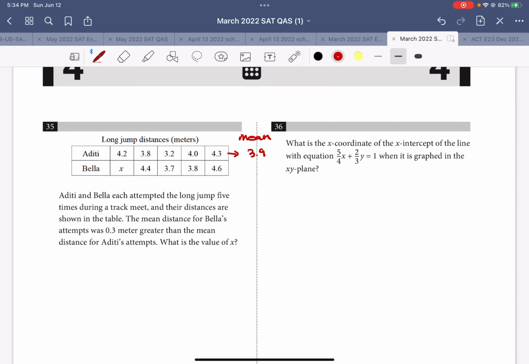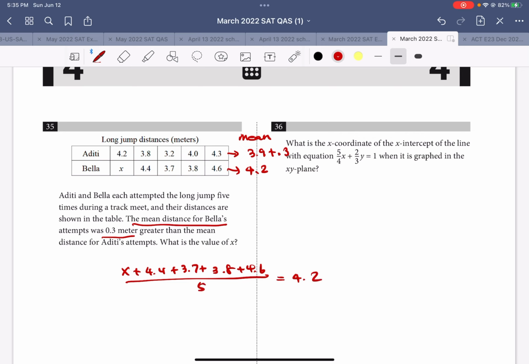Now Bella, the mean value for Bella is 0.3 meter greater than that. So if you add 0.3 to this, that's 4.2. So the mean for Bella should be 4.2. So you can set up x plus 4.4 plus 3.7 plus 3.8 plus 4.6, divided by 5, will be 4.2.